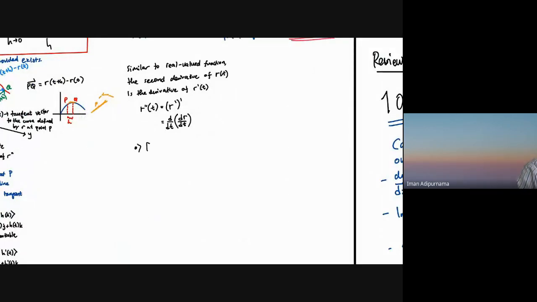So, differentiation rules. Okay. Basically similar to calculus one, I'm just adding the vector factors.